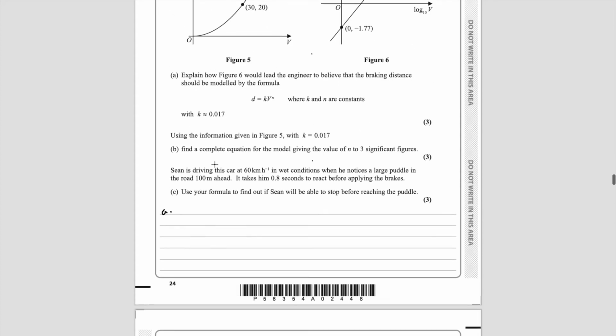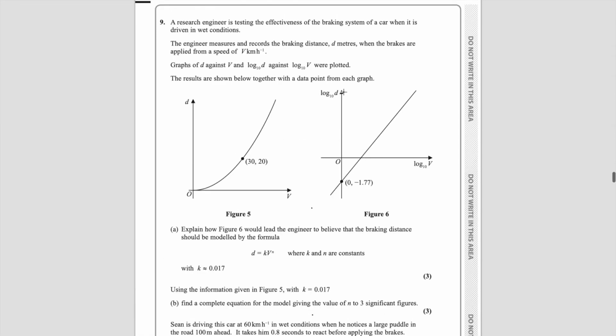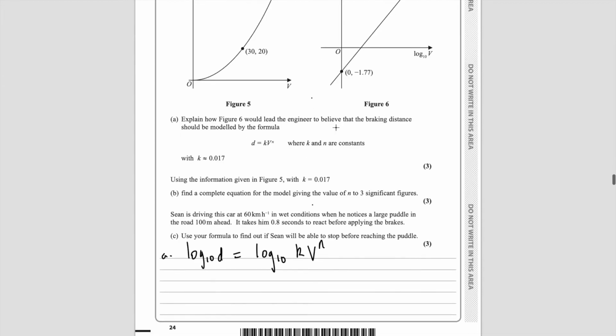So what I'm going to be doing is applying logs to both sides of this formula. So we'll have log base 10 d equals log base 10 of k multiplied by v to the n. I'm using logs of base 10 here simply because the graph itself uses logs of base 10.